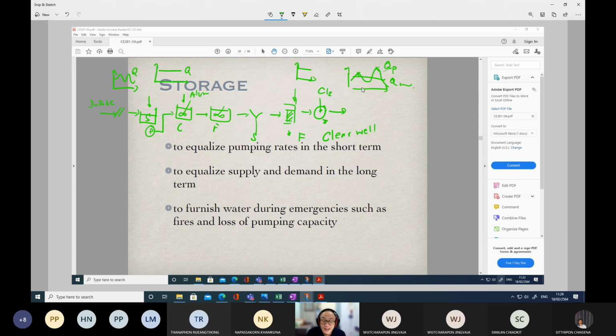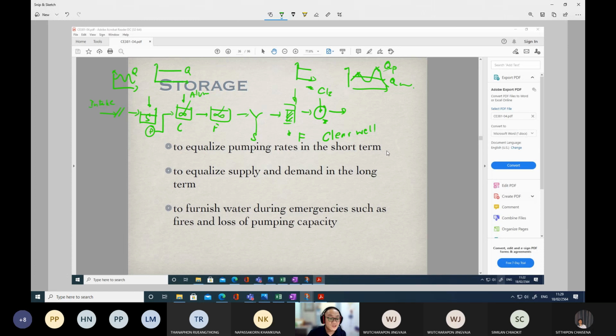So there are variations again, but before entering the clear well, the flow rate is constant. So the clear well also acts as a storage in this case. This is the importance of having storage as part of the water treatment plant.